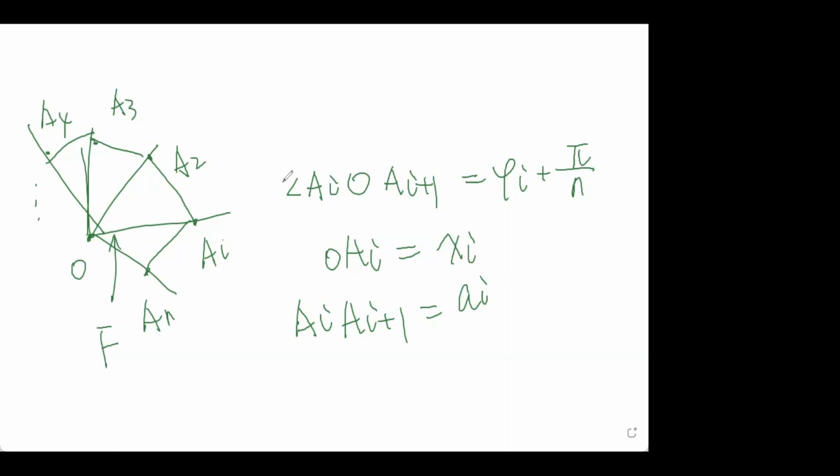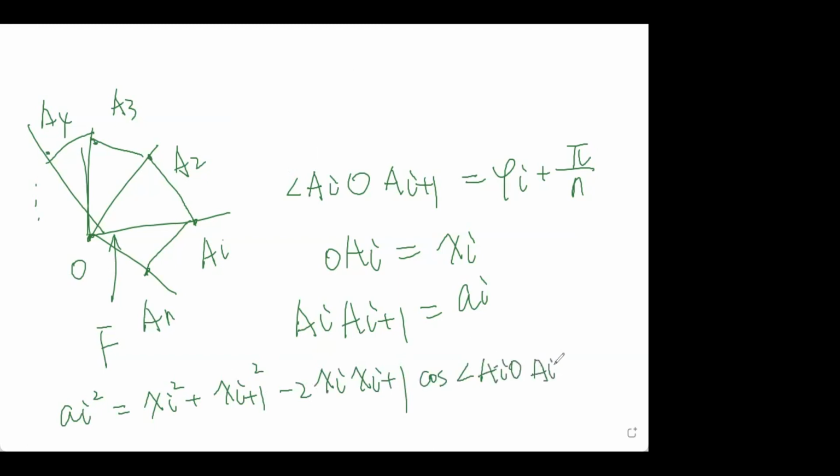So maybe let's just focus on the triangle O A_i A_(i-1), and we use something related to cosine. We know that A_i squared equals x_i squared plus x_(i+1) squared minus 2 x_i x_(i+1) cosine of the angle A_i O A_(i+1). This is obvious because we have the formula.